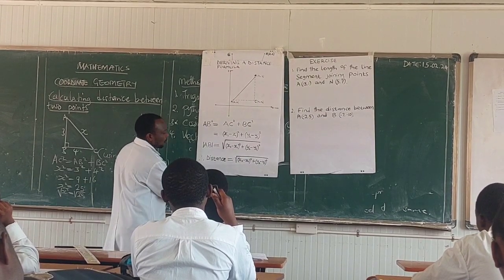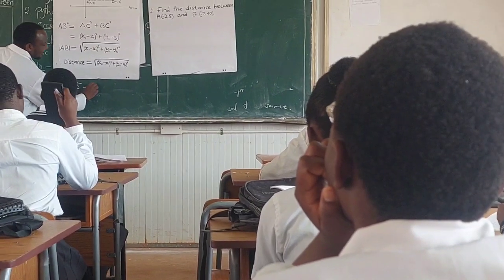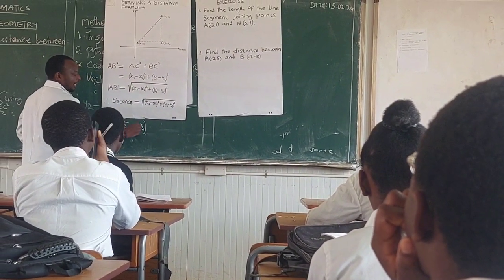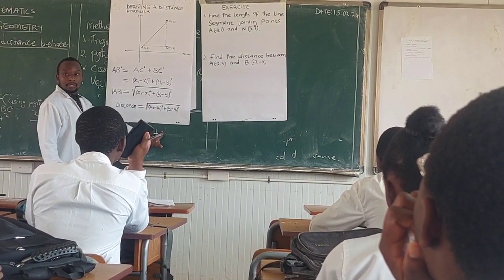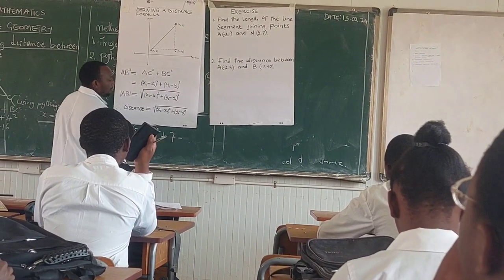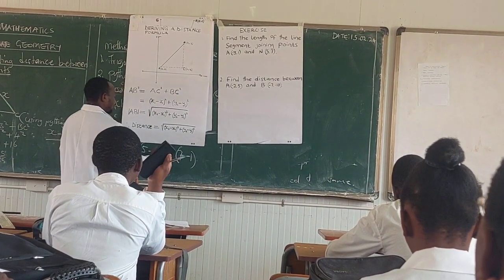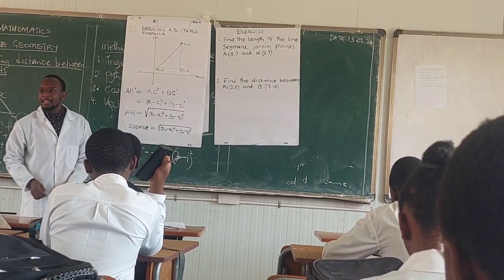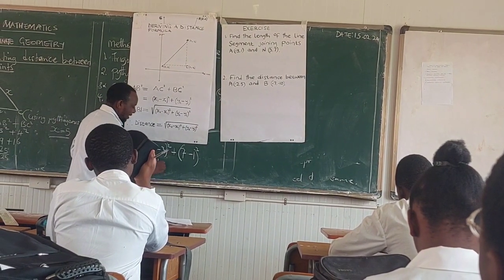So here it will look like 5 minus negative 3, then you put it in brackets squared, plus what is our y2? 7, minus what is our y1? 1. So you are going to substitute this way, and you square this one and you get the answer. What's the final answer? The final answer is 10.